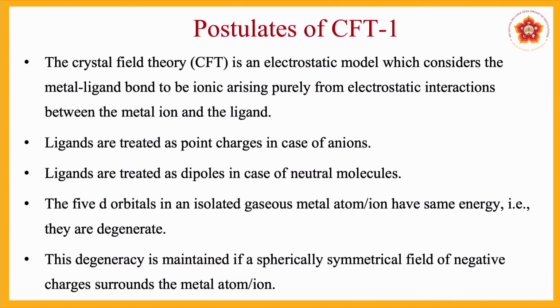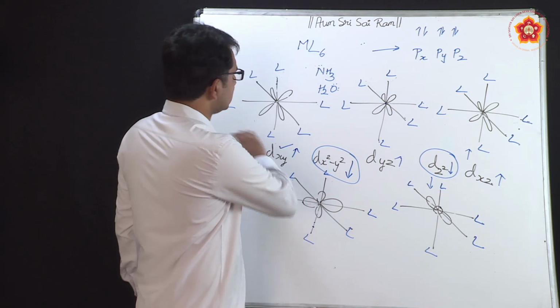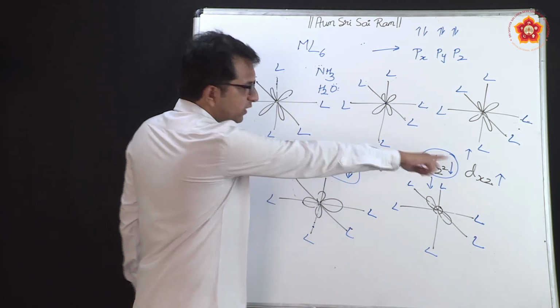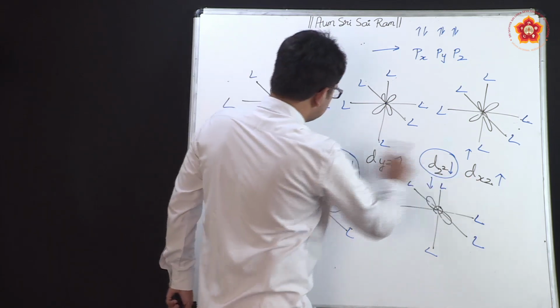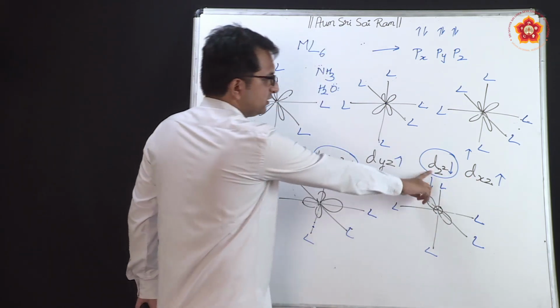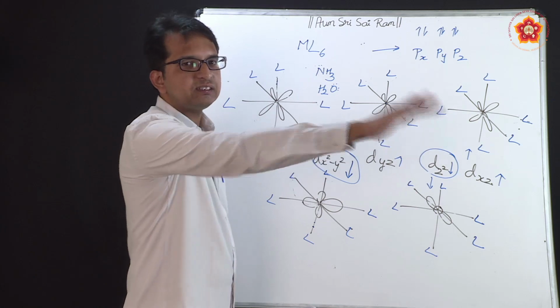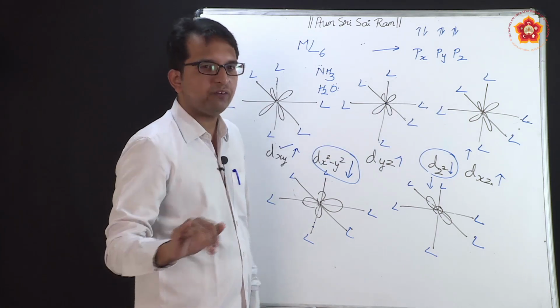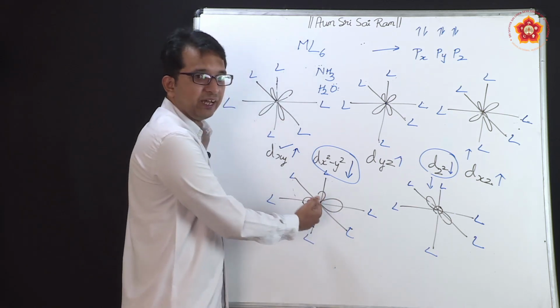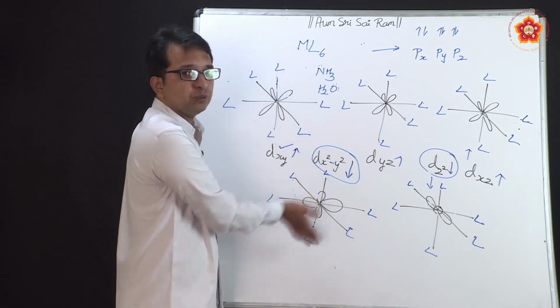Fourth point in this crystal field theory, the 5 d orbitals in an isolated gaseous metal atom have the same energy. That is what I mean to say, that when it is just a metal, all these 5 are the same. All the 5 orbitals, dxy, dyz, dzx, dx square minus y square, dz square, all the 5 are in the same energy level. When do they create a problem? It is only when ligands come and attack, and then we see the repulsions in these two sets.